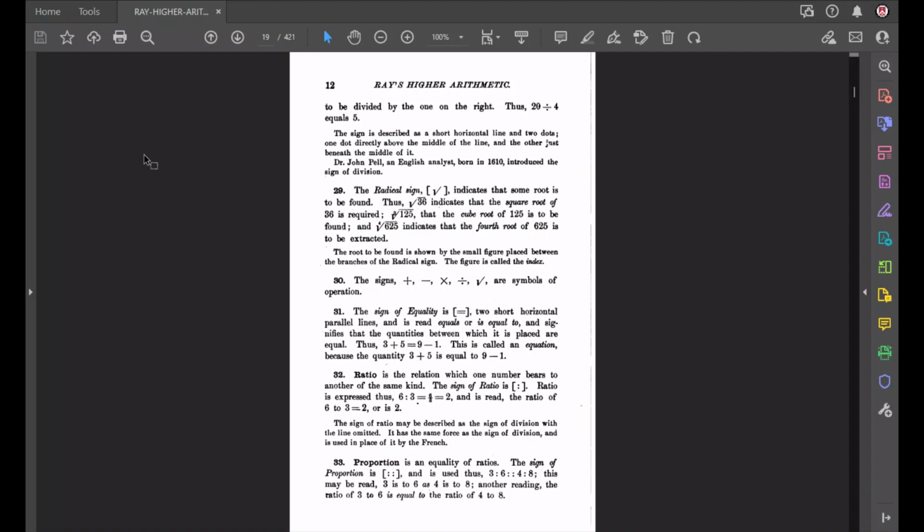I'll flip this around. 9 is to 45, just as 7 is to blank. What's the missing quantity there? 35. Okay, so 9 is to 45.